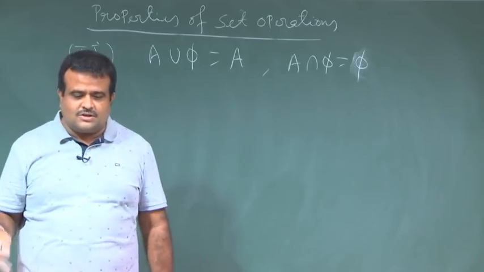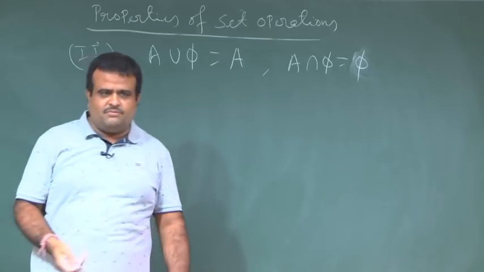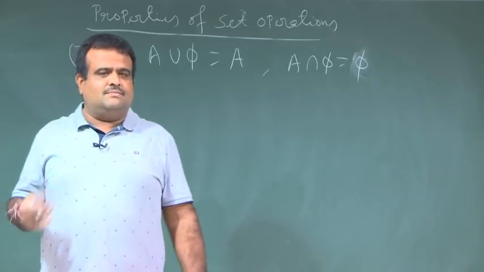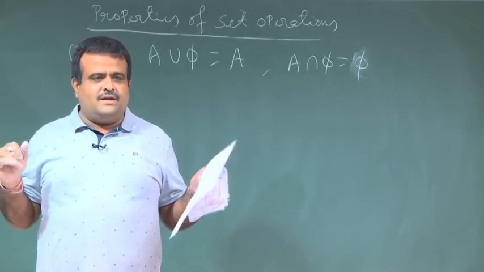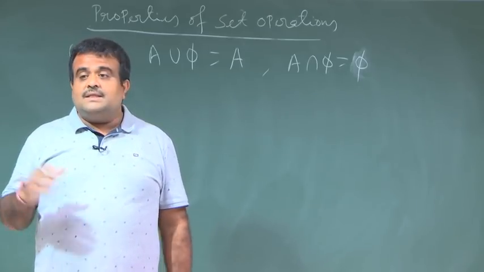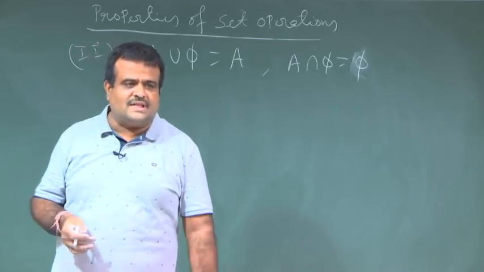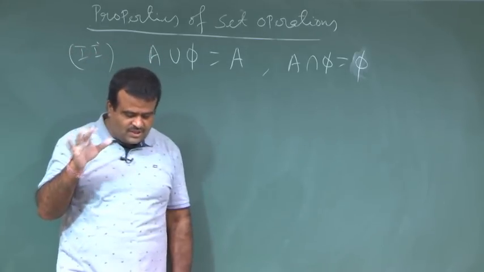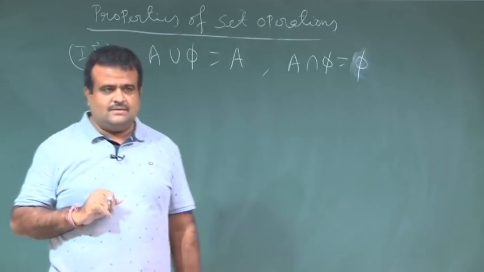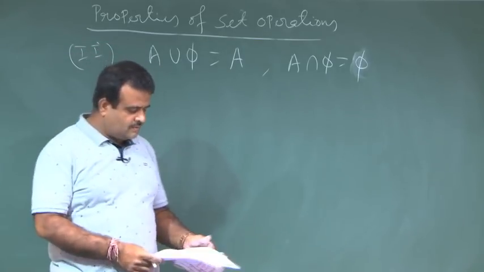It is just a symbol, a convention to have such a set, because when we have two sets with no common element, their intersection contains no elements. How to represent that? To represent that, we bring in the notion of the null set. So the null set is the set with no element.